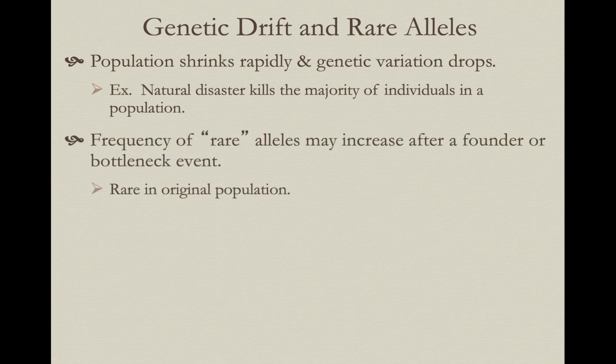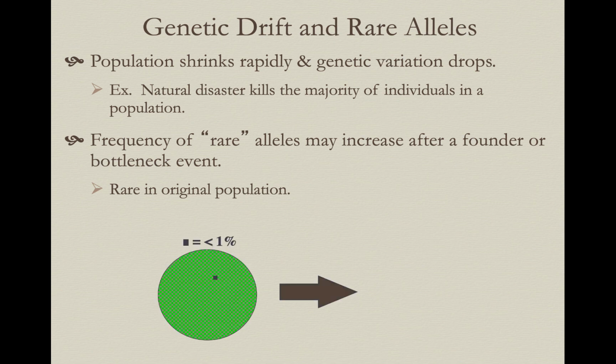Now, another interesting fact that can be associated with genetic drift is that what was formerly a rare allele may just be the lucky allele that survives one of these drastic reduction events, which sometimes we would refer to as a bottleneck event, or from a founder event situation. And this rare allele now becomes common in the surviving population, or the new population survives on the island.